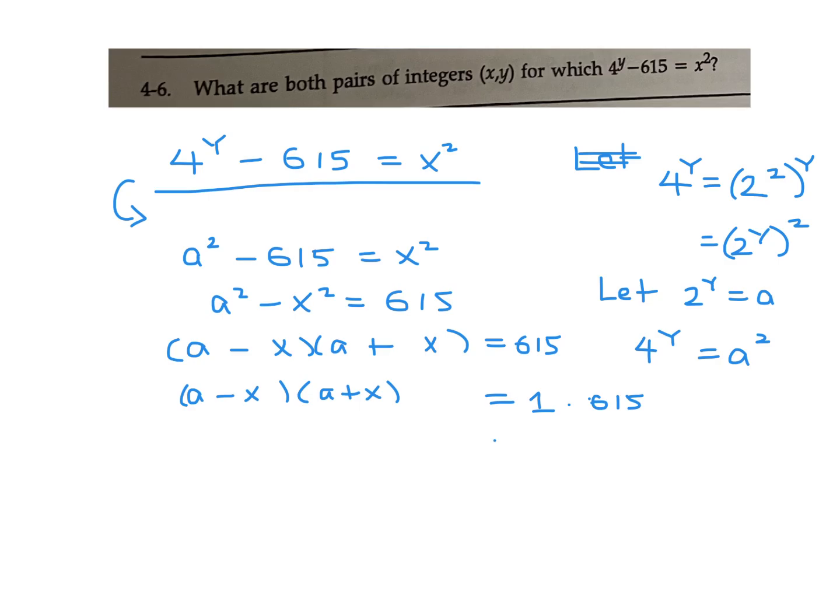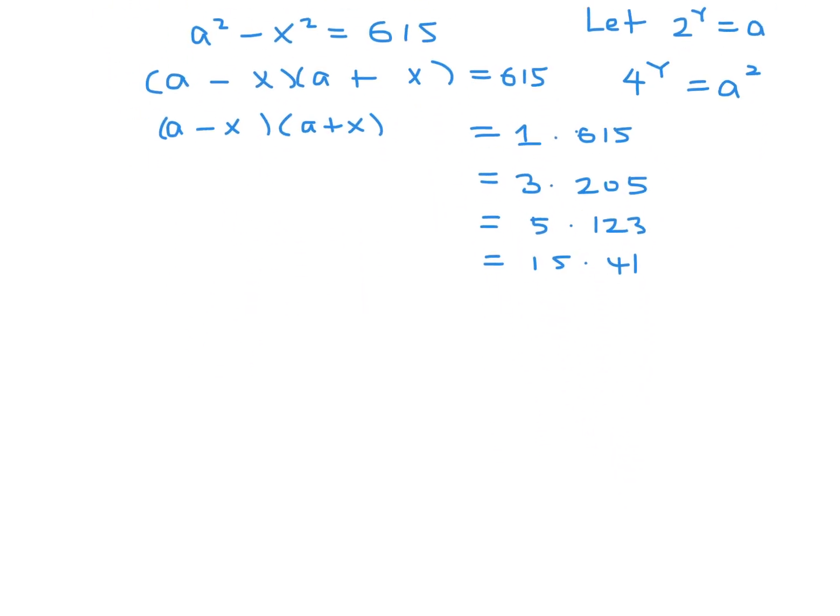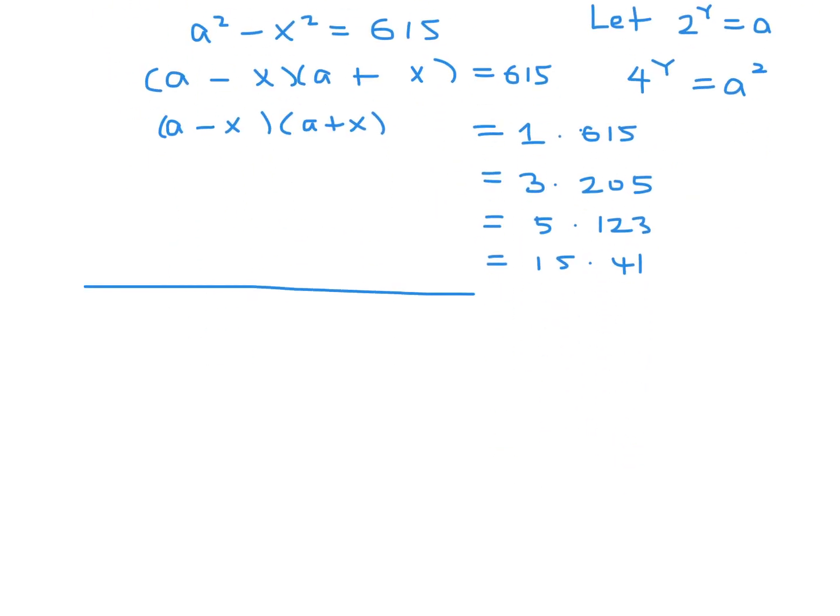That's one way of doing it. 2, no, it's an odd number, but 3, I think it does: 3 and 205. Or it could be 5 and 123. Or it could be 15 and 41. So I guess I've got some work here. I've got to make a table and figure out which of these actually work.